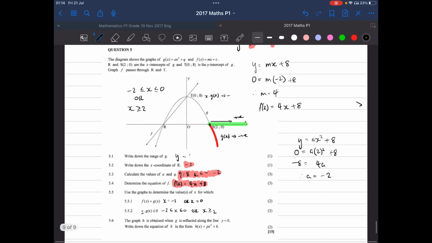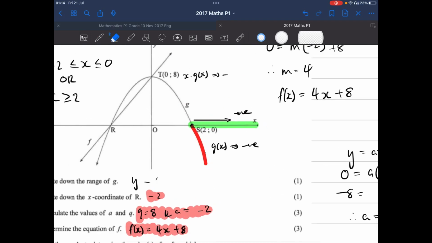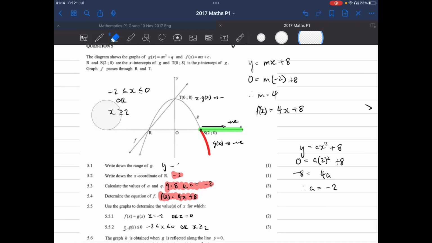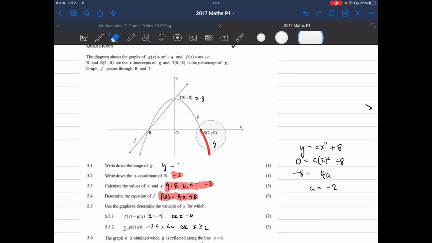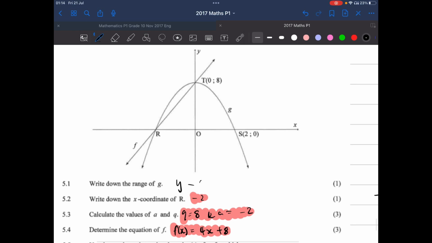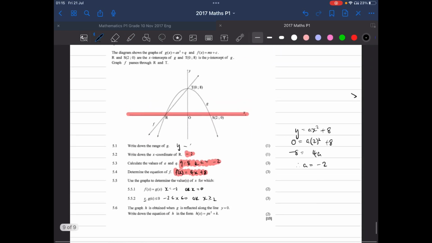So firstly, what is the line y equals 0? Well, y is only equal to 0 at the x-axis. So essentially this question is saying if the parabola is reflected on the x-axis, what will the new equation be?